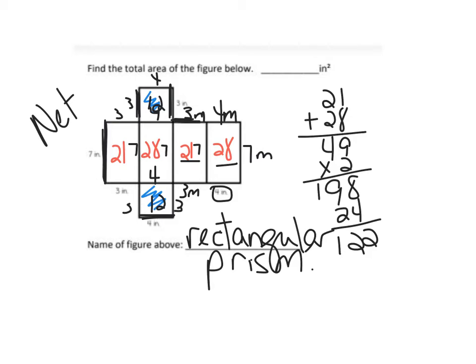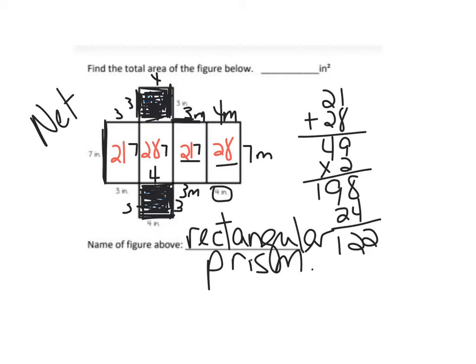Yeah. Now remember, these are your bases right here. Those are your bases. You need to make sure you know which ones are your bases, because starting tomorrow, we're going to do something a little different. Your base defines what shape it is. So if you have rectangles as the base, then it's going to be a rectangular prism.